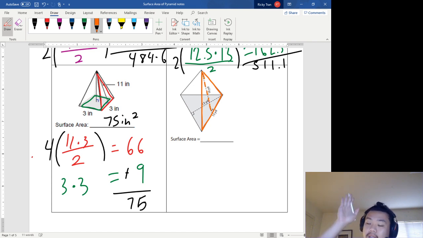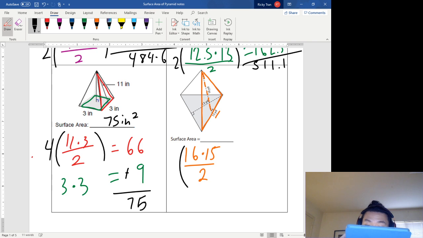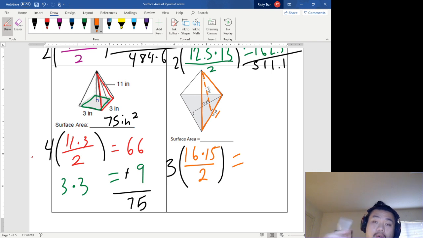That's the height, okay? The base is going to be 15, so it's going to be 16 times 15 divided by 2, and there's 3 of those triangles, so it's just going to be multiplied by 3, okay? And then the bottom triangle is a different triangle.